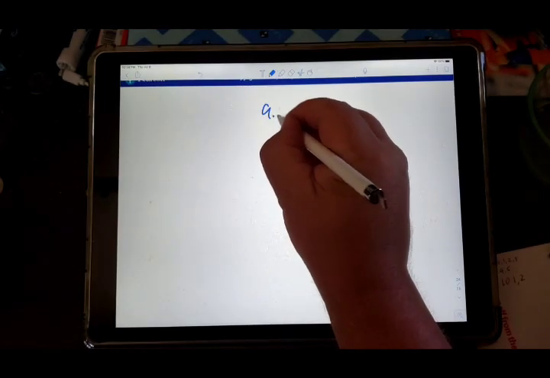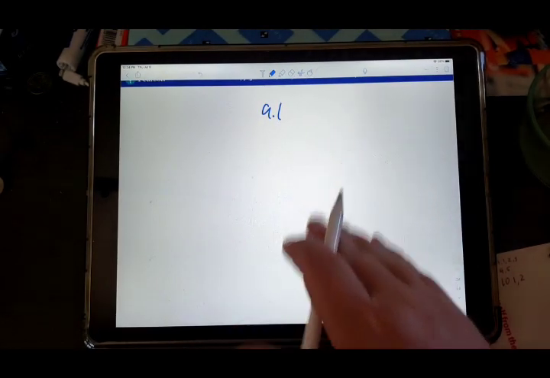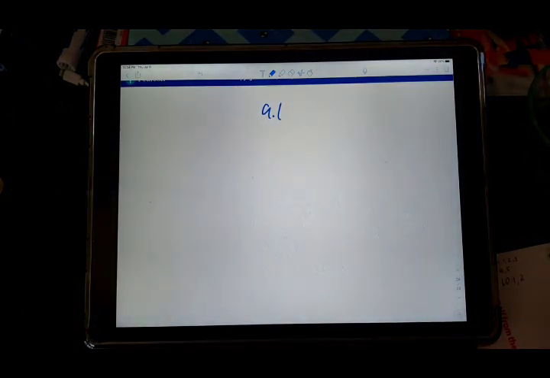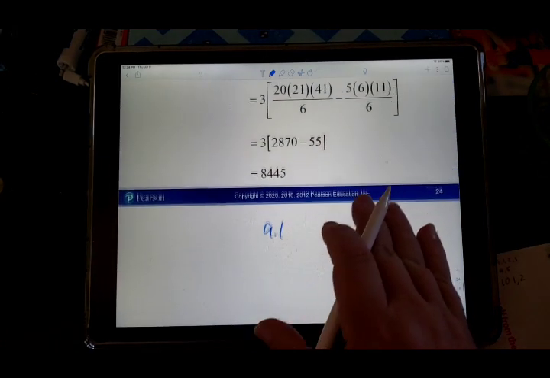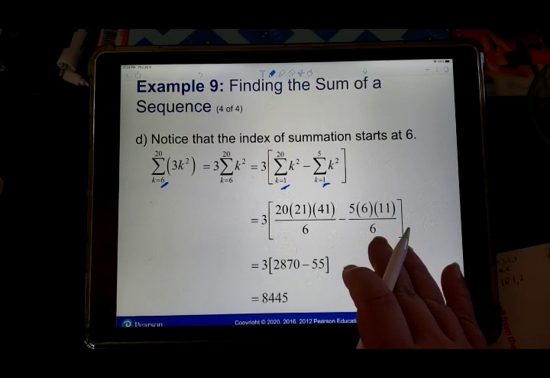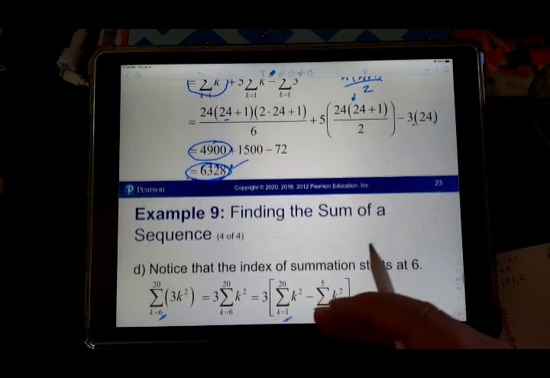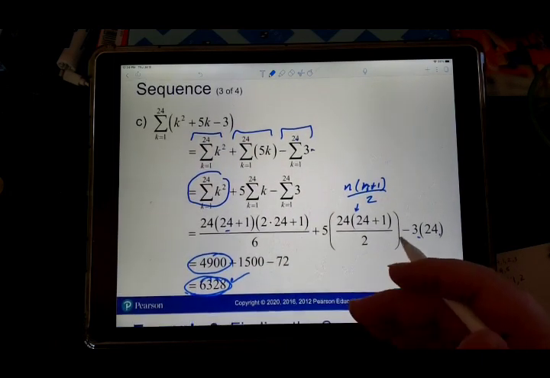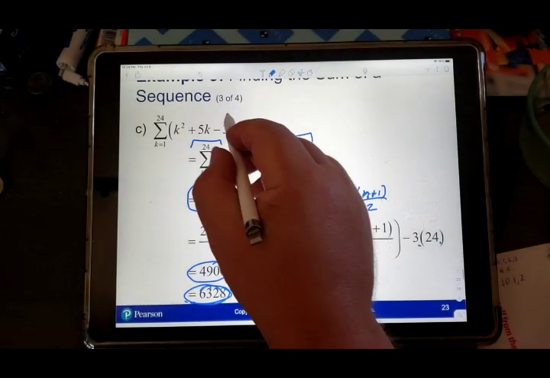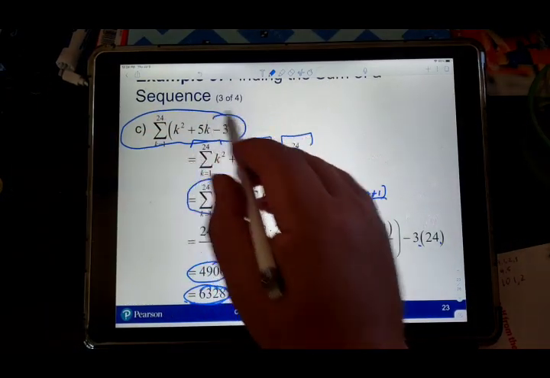So in 9.1, there was a lot here, 3 videos' worth, but just to summarize the idea, you're going to see some notation that you didn't see before in other classes.